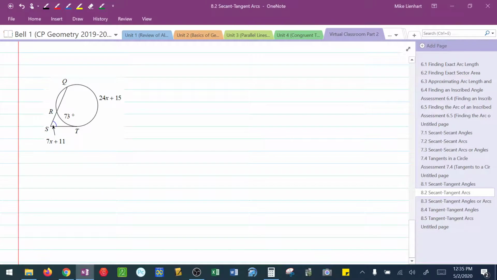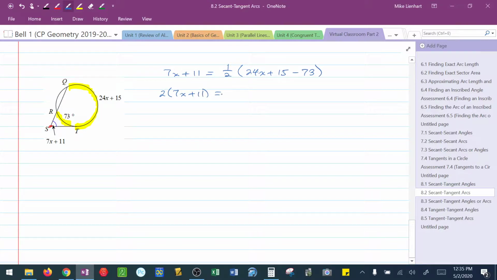All right, last example here. Vertex is out, which tells me I have 2 arcs. I know that the angle, in this case 7x plus 11, is equal to half of the big arc, which is 24x plus 15, minus the little arc, 73. I've got some work to do here. I want to double the 7x plus 11 to get rid of that 1/2. So 2 times 7x plus 11 on the left side.